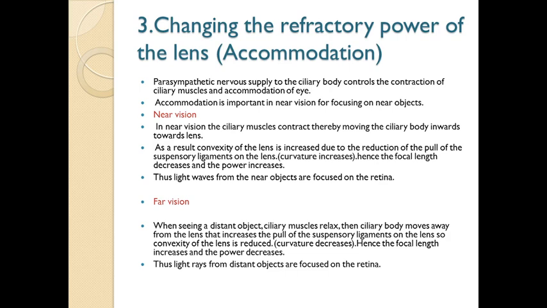In far vision, the completely opposite thing happens. Ciliary muscles relax, so the ciliary body moves away from the lens, increases the pull on the suspensory ligaments, so the convexity of the lens is reduced, which means curvature is reduced, then the focal length increases and the power decreases. So light rays from distant objects are focused on the retina.